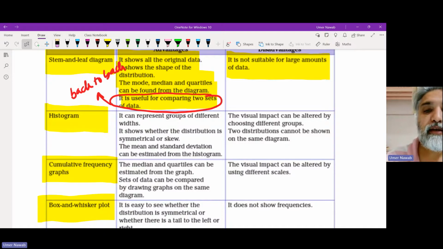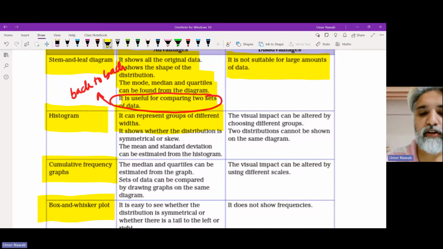Histogram, guys, you know that in a histogram we have rectangular strips. It can be used when we have different widths. You remember, guys, the idea of frequency density. If you have a grouped frequency table and every group has a different width, the histogram is an ideal diagram to represent the data set distribution.